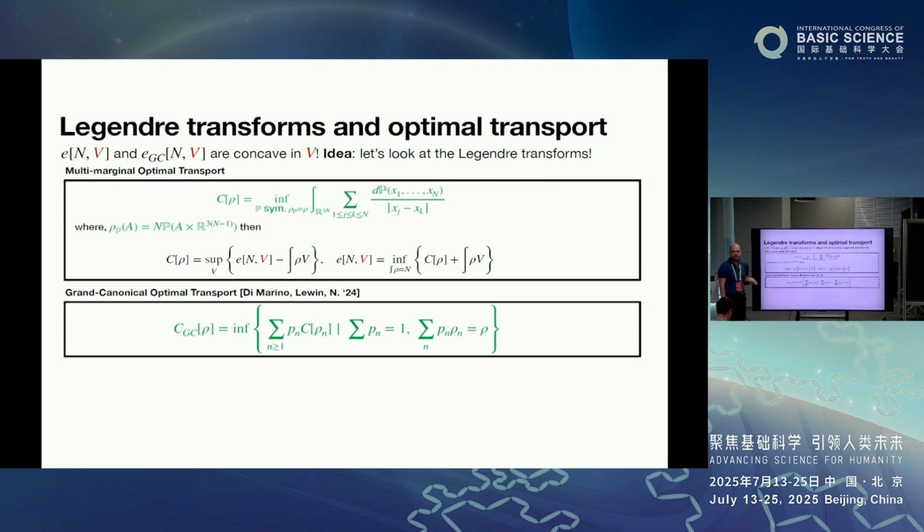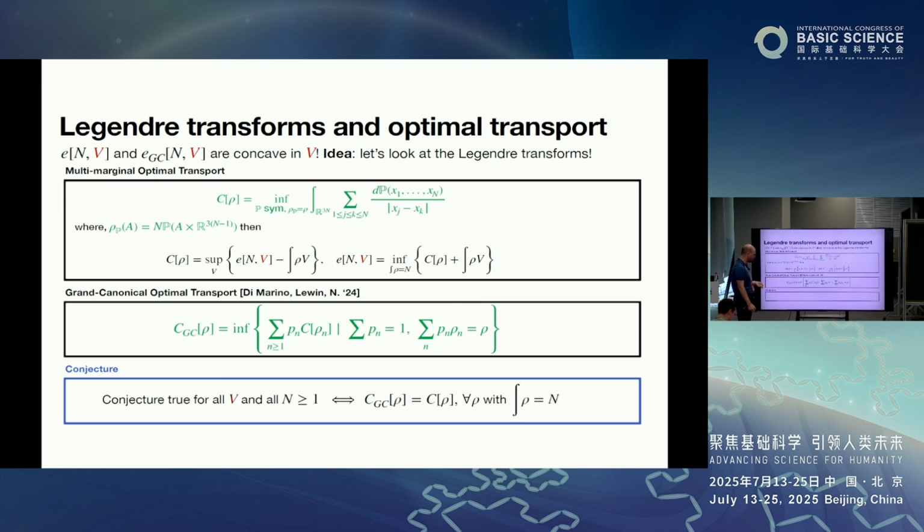And now I can rephrase the conjecture, because I can go from my E to its Legendre transform, and then if I take the Legendre transform of C, I find E again, due to the fact that I'm working with convex objects in V. And so how can we rephrase the conjecture in this case?